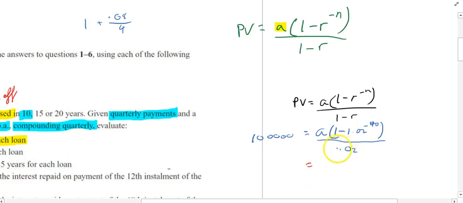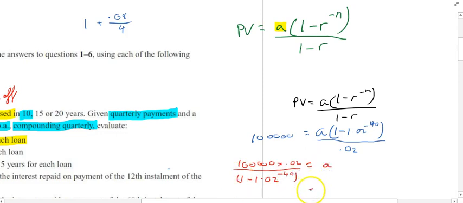That 0.02 comes up to the top. So it's 100,000 times 0.02. And then we're going to divide it by, because this is A times all of this rubbish can come down and divide, 1 minus 1.02 to the power of negative 40. And all of that sits in brackets.